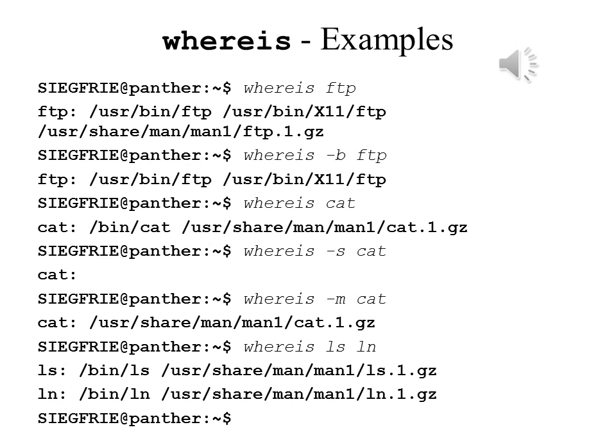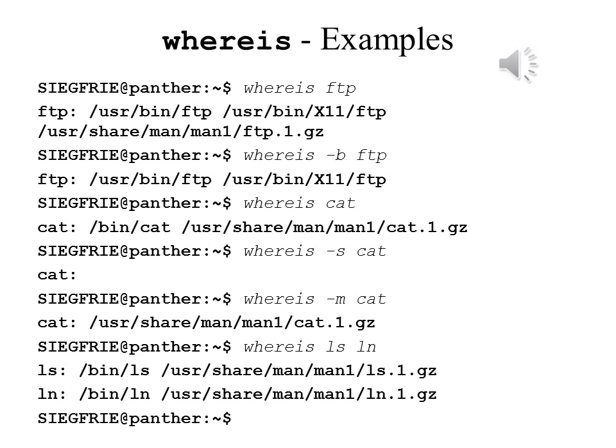Here we have some examples. Whereis ftp shows you the locations of the executable versions of ftp as well as its manual page. The -b for ftp will only list where the executable files are. I can do this for cat, and I can find the binary version of it and the manual page.